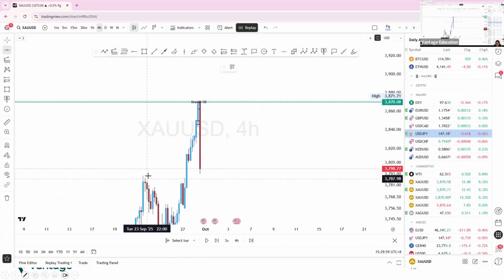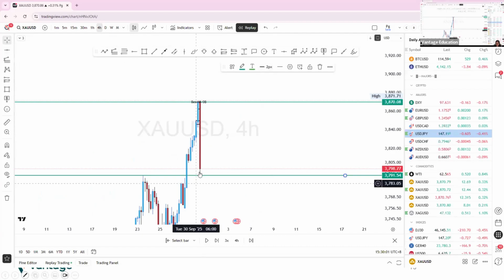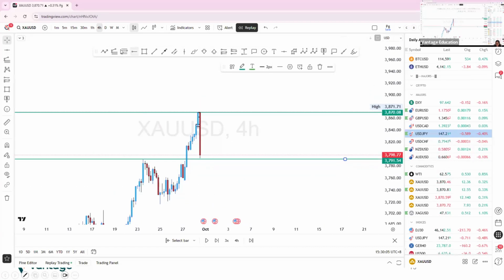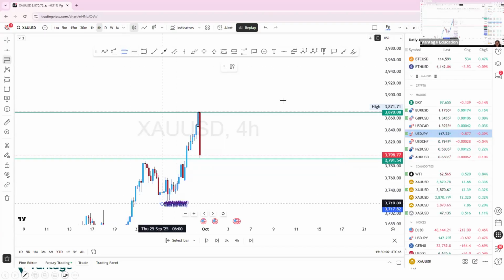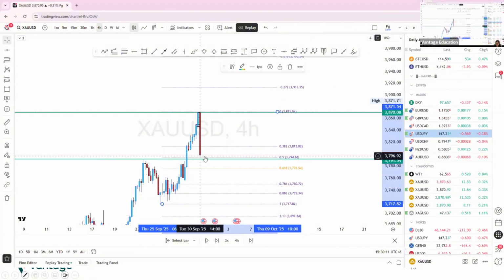We have that zone just now somewhere around here, and this is the 61.8% Fibonacci, right? Just now I showed you guys, you see the 50% Fib, and then you see the rejection. Meaning that the investors are willing to buy at 3,800. I think that is going to be a significant support level for now.